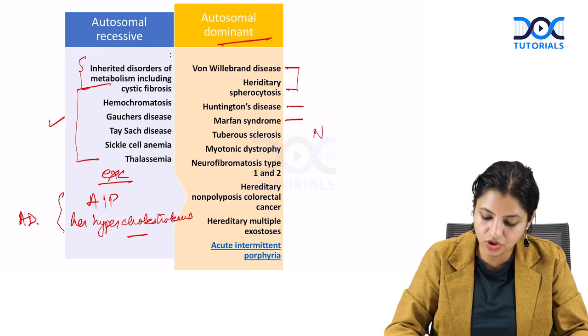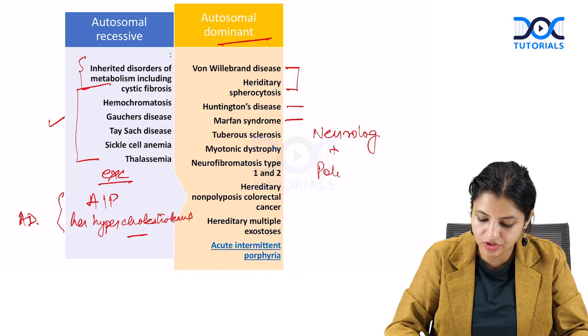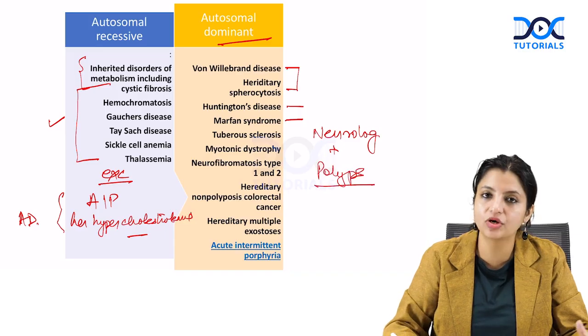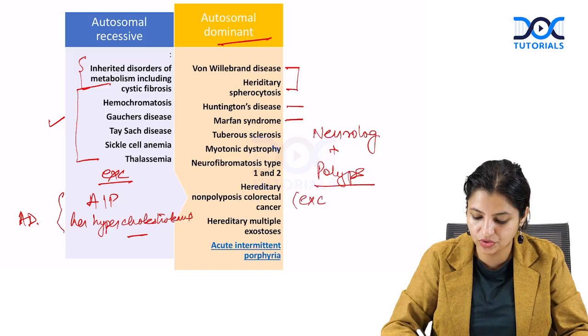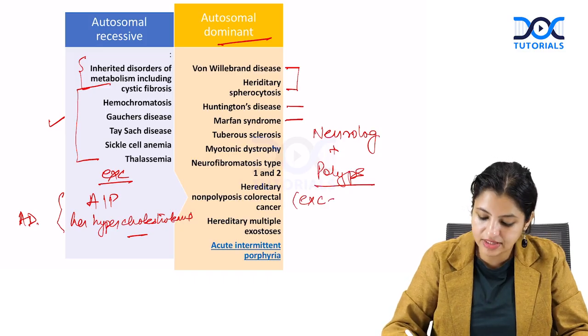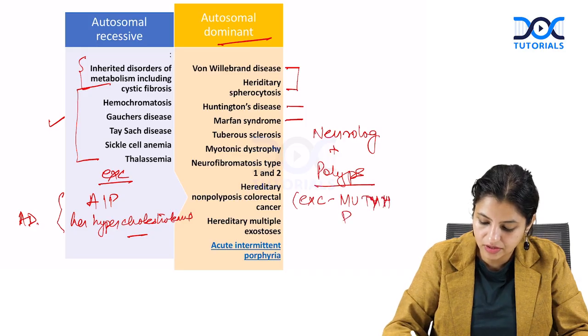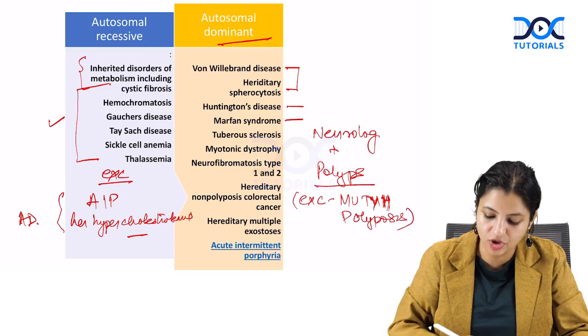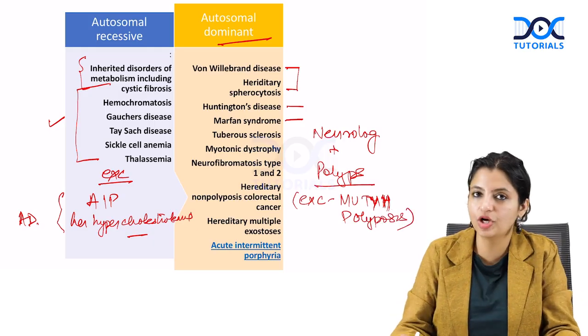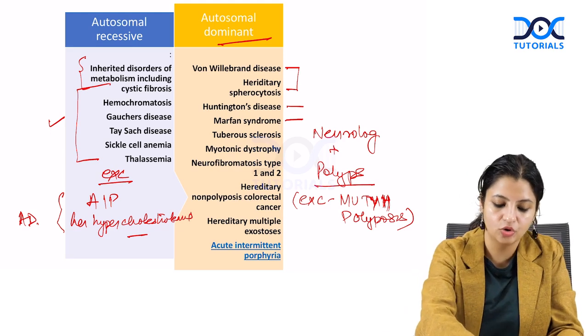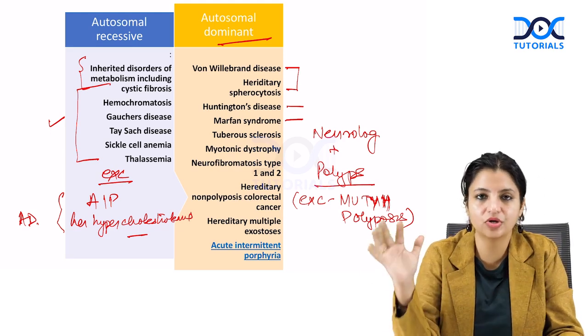Majority of intestinal polyps are autosomal dominant, however the exception to the rule is MUTYH polyposis, which is an autosomal recessive polyp syndrome. All the other polyps are autosomal dominant.